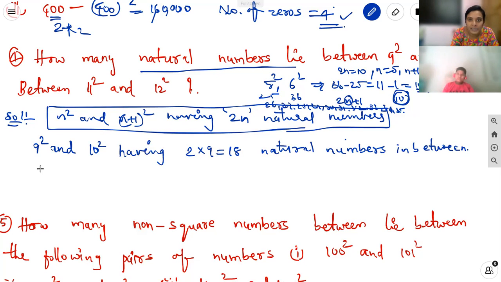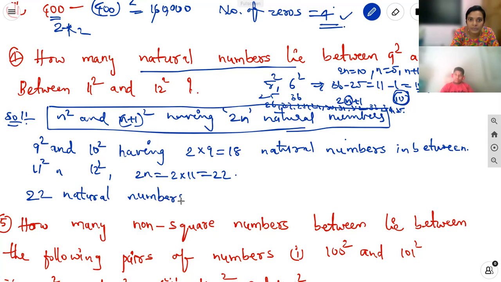Okay. Next, for 11 square and 12 square, here 2n equal to 2 into 11 equal to 22. How many? 22 natural numbers lie between 11 square and 12 square.